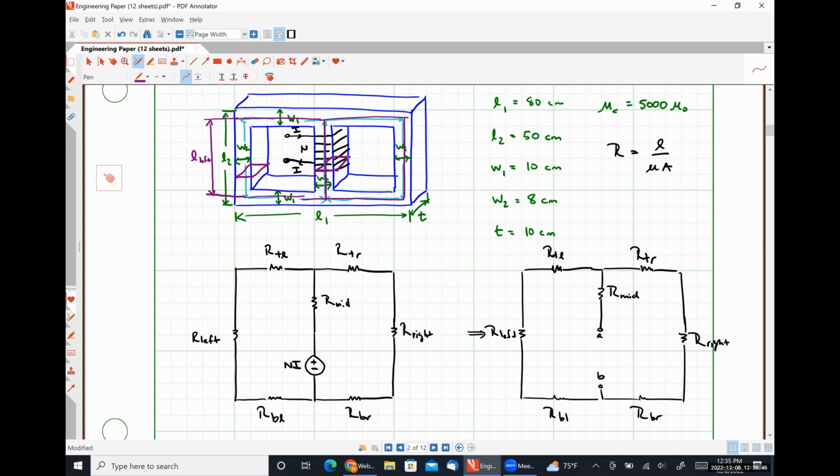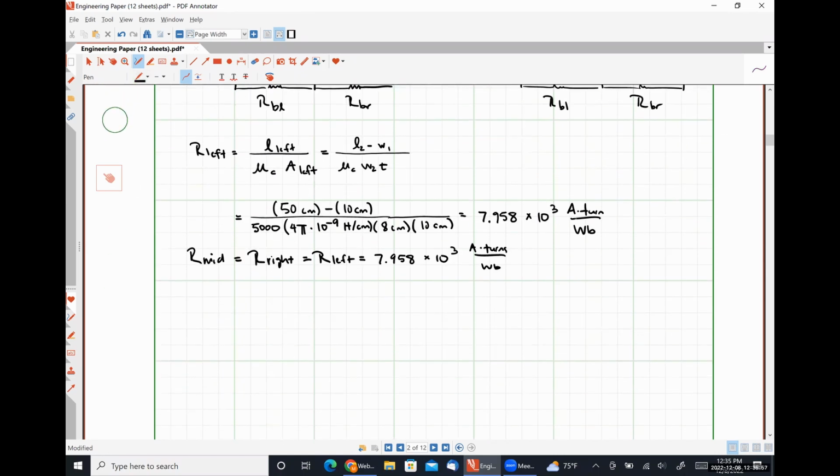Okay, circling back around. Which of the 4 that we have left do we want to deal with next? Top left, all right. So this is going to be the length in the top left path divided by the permeability of the core multiplied by the area seen as the flux travels through that top left path.